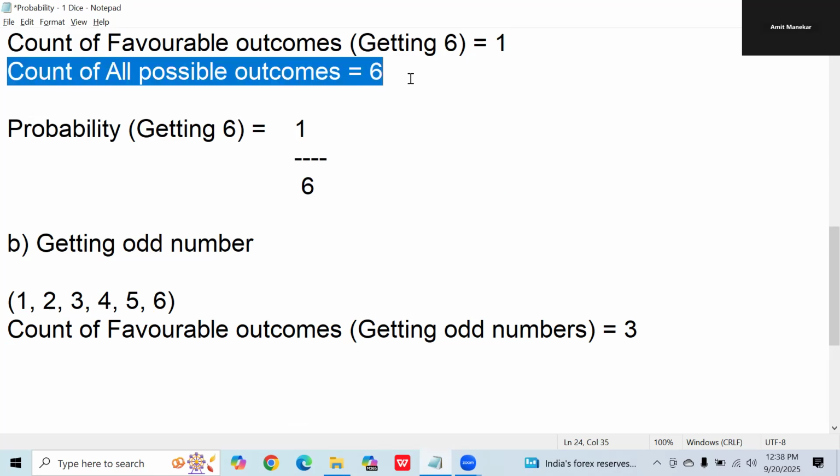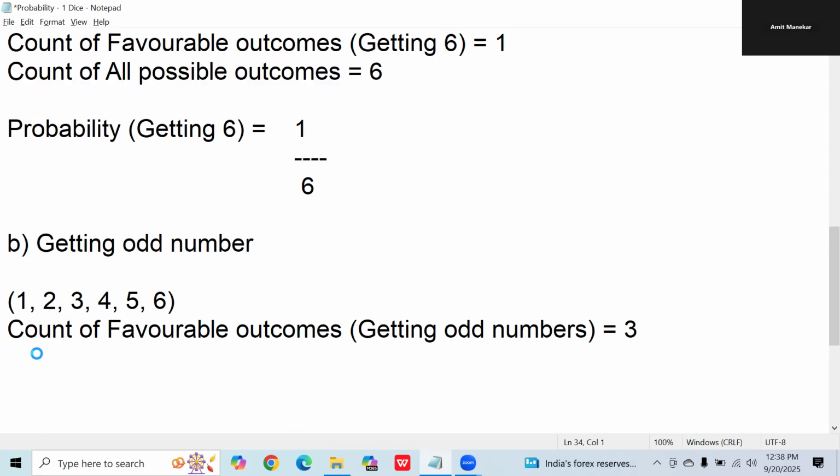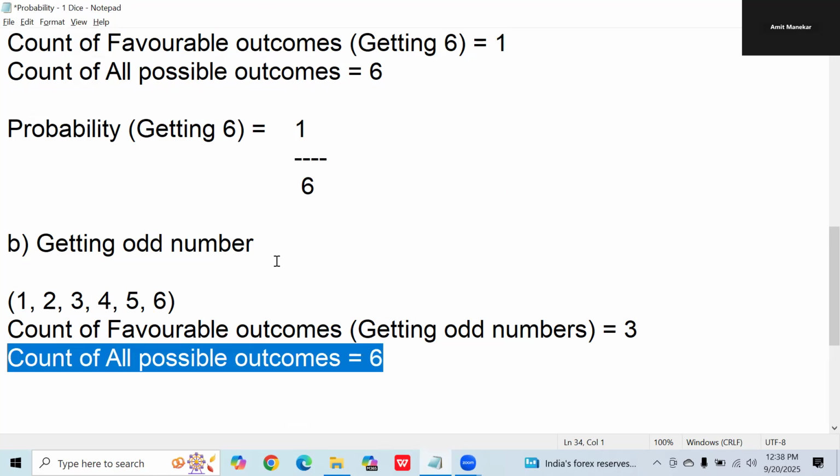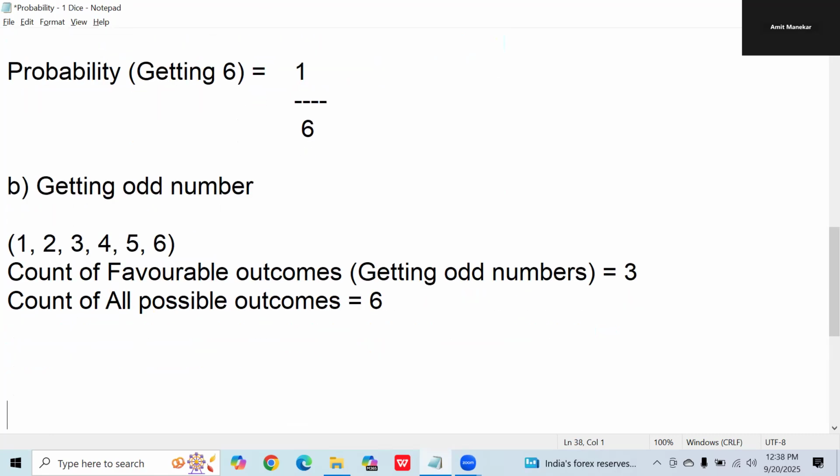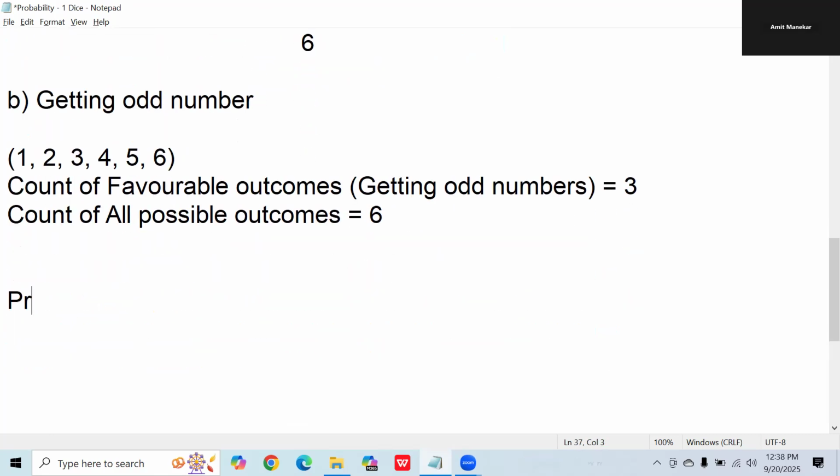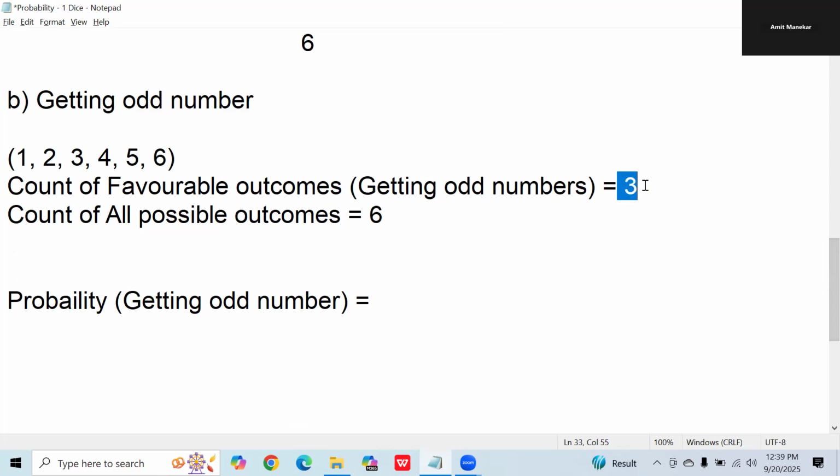And what is the count of all possible outcomes? That is 6, because this will be the same across all the problems. So let's write down the probability of getting odd numbers. The favorable outcome count in this case is 3, and the count of all possible outcomes is 6.